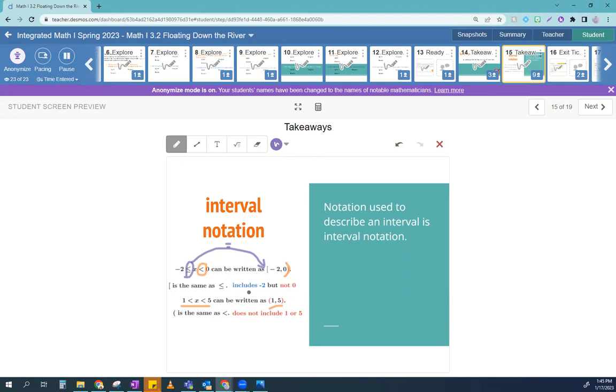Does that make sense? It includes it. So this page is really important. Later on, you'll understand a little bit more. If I did this kind of notation, this is my drawing, and this is 0, and this is 4, and this is open, and this is closed. So I'd write from 0, 4. Does 0 get a parenthesis or a bracket for this picture here?